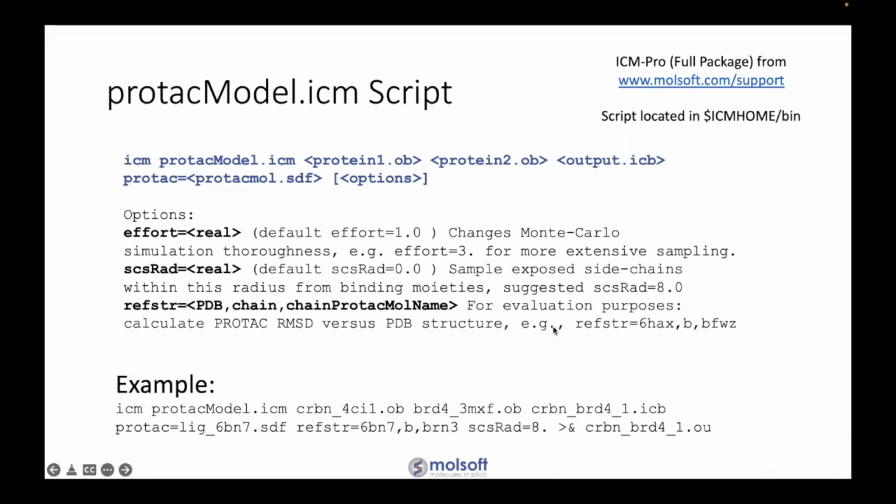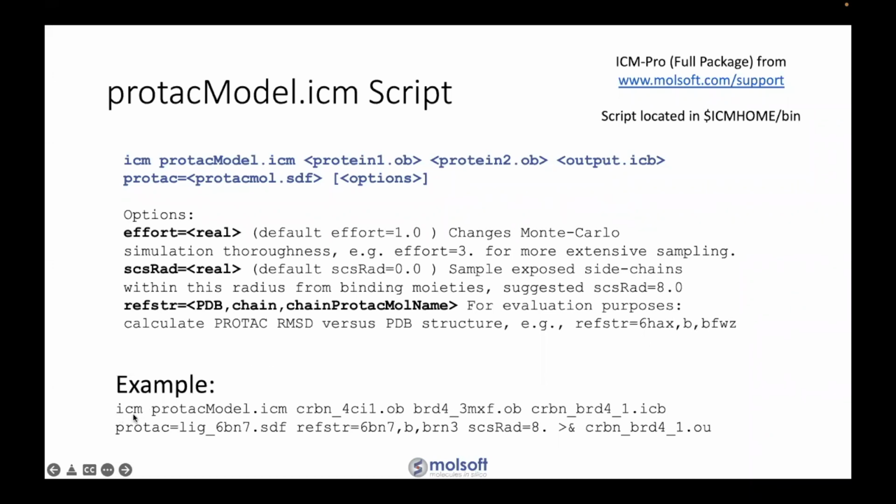You use the option ref structure equals, and then you provide the PDB code, the chain that you want to compare, and the ligand, the PROTAC that you want to compare. You don't need to read this PDB into ICM. When you have this option, it will read it automatically for you, providing that the PDB code is correct and the chain IDs are correct.